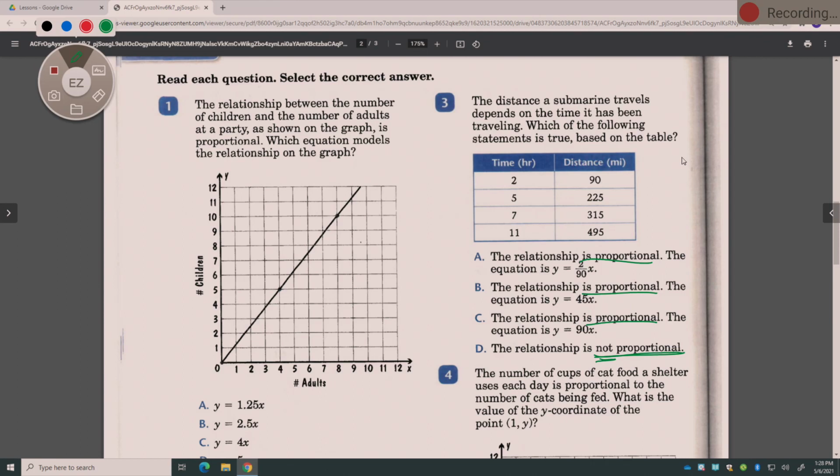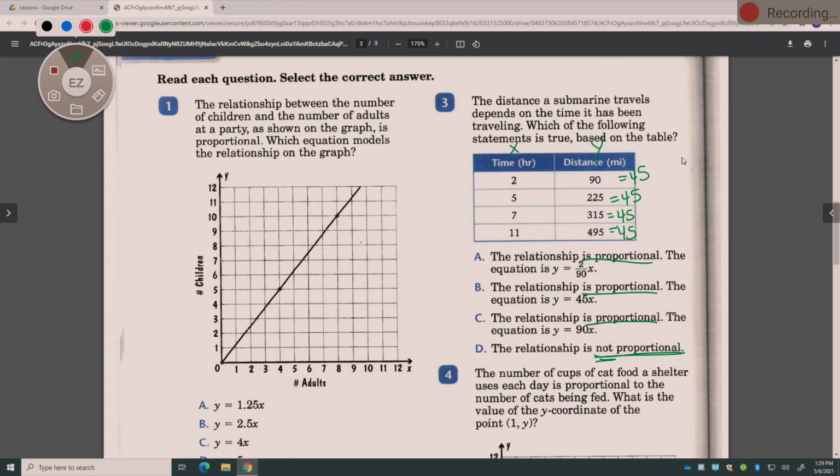In order to find out if it's proportional, I divide y by x, right? 90 divided by 2 is 45. 225 divided by 5 is 45. 315 divided by 7 is 45. Are you seeing a trend? 495 divided by 11 is 45.